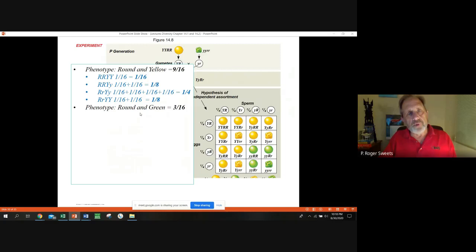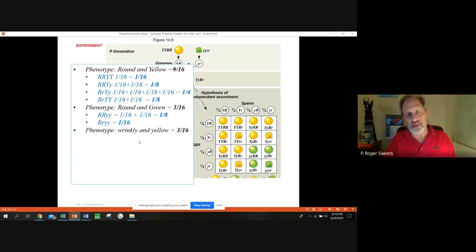Now, the phenotype round and green happens actually in 3 of our 16ths. We have our 2 homozygous for the 2 traits coming together, 1/16, and then we have one that's heterozygous for the round or wrinkled, and homozygous for the color, 1/8. Add those together, you get 3/16. Again, you can go through here and find our round and greens, 1, 2, 3, like that.